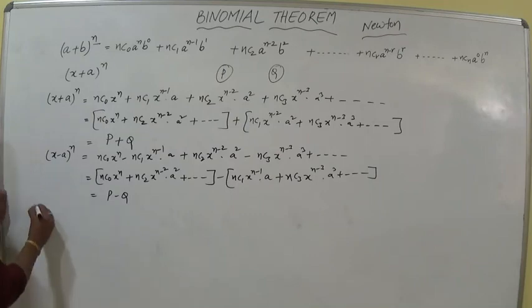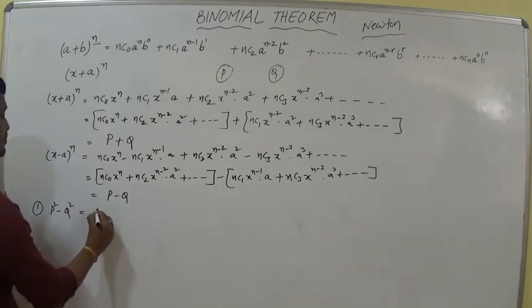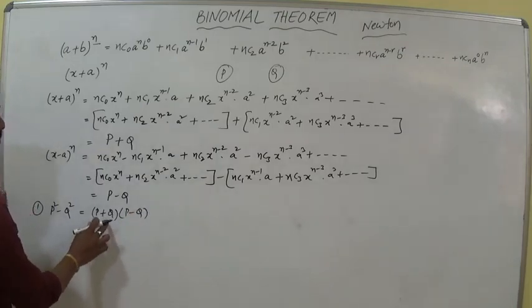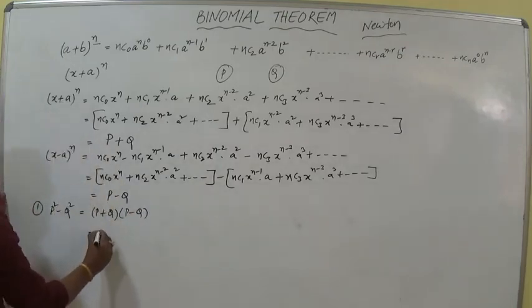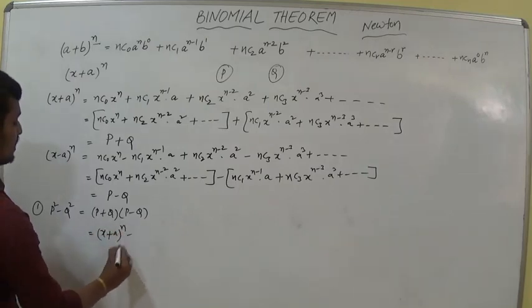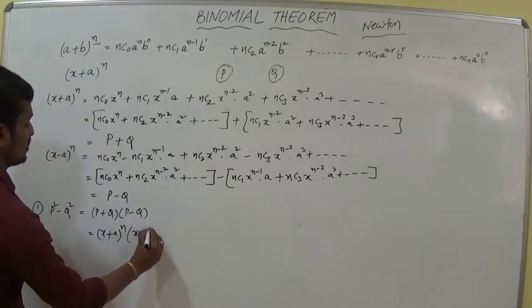So in the first question they are asking p square minus q square. P square minus q square is equal to (p plus q) into (p minus q). What is p plus q? (x plus a) whole power n, into (x minus a) whole power n.